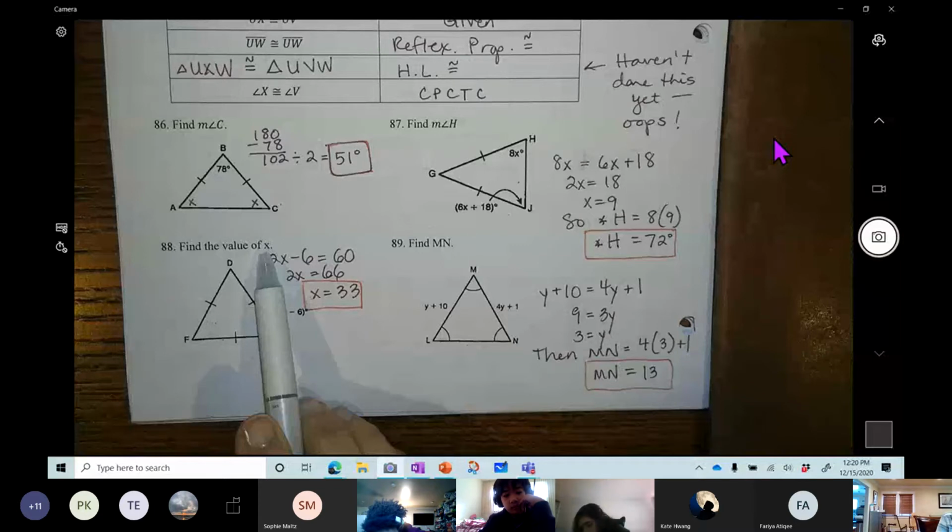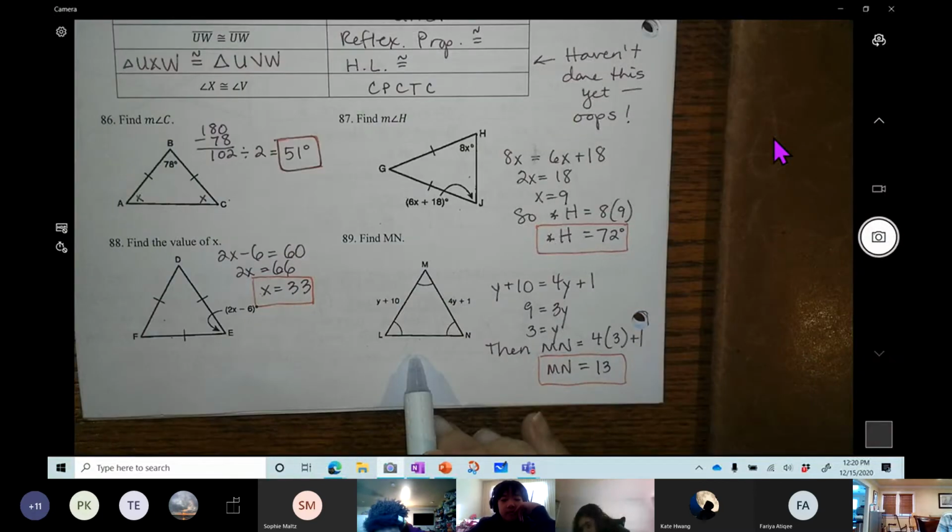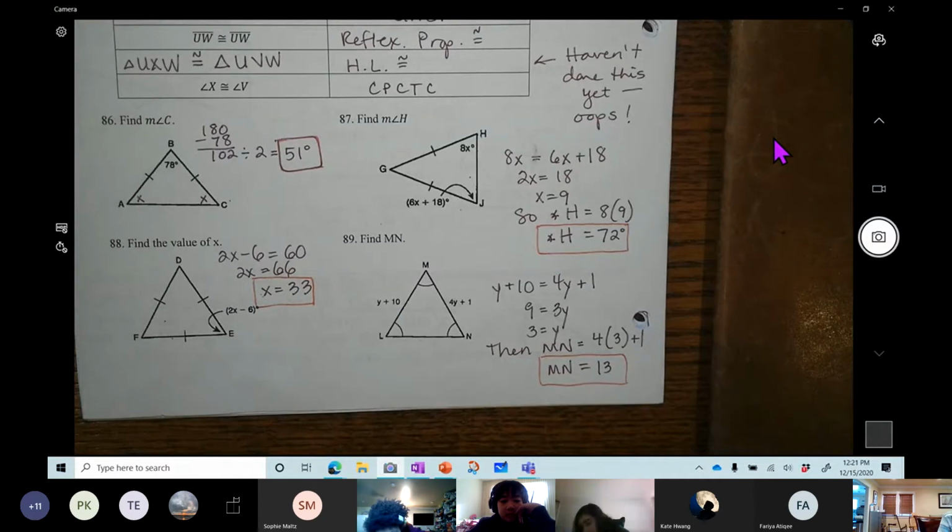89, it's also equiangular, which means that these sides are all the same too. If the sides are all the same, I wrote y plus 10 equals 4y plus 1, and I got y equals 3. But again, it didn't say find y, it said find mn. So I still had to go back to mn, plug my y equals 3 into here, and I got 13.